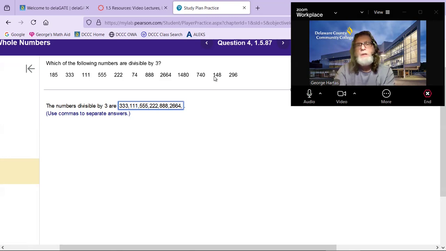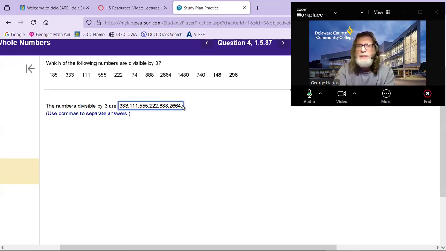Next one. 1 plus 4 is 5. 5 plus 8 is 13. 3 does not divide into 13 evenly. Skip. Last one. 2 plus 9 is 11. 11 plus 6 is 17, but 3 does not divide into 17.